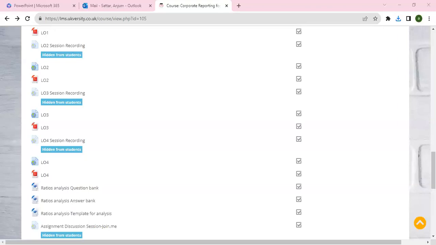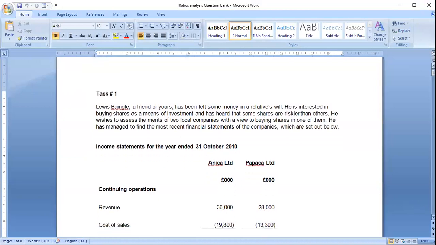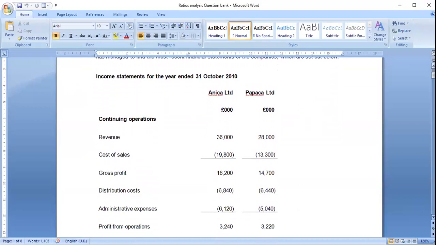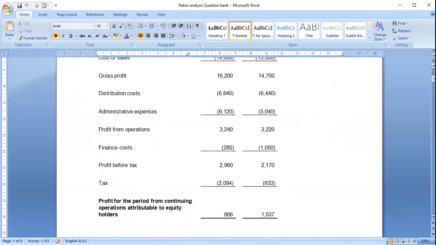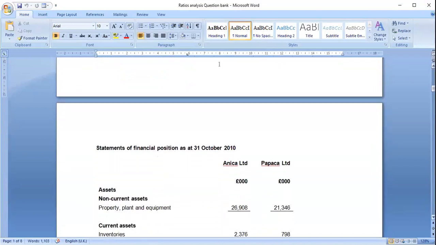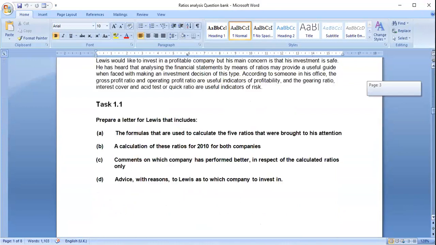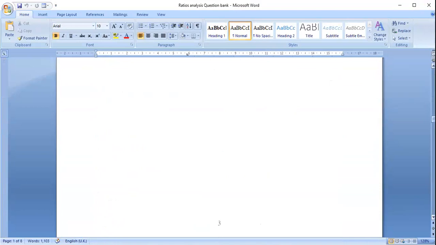So this is one of the tasks we discussed. We've been given the financial statements of the company, Anika and Papika. If you want to look at other companies as well, we have their financial position. We've been asked to calculate these ratios and measure the company performance.